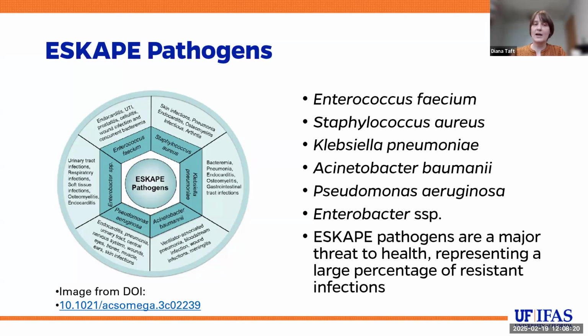So if you can identify the escape pathogens and identify whether or not they're resistant in a given microbial community, you can start to track the pathogens that are most likely to cause these resistant infections in humans. Infants are more likely to carry antimicrobial resistance genes.